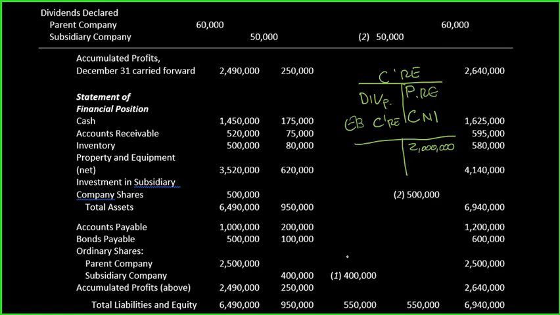In this case, nawala po tayong amortization, no? One of the things that I normally do para madali, I have here my CNI as far as the parent is concerned. I have here my NCINIS, non-controlling interest in the net income of my subsidiary.